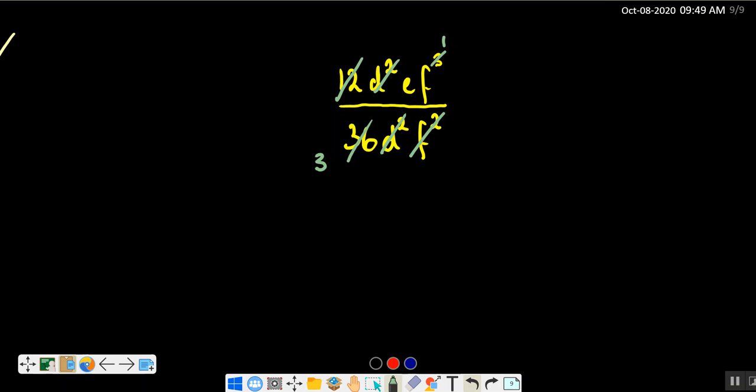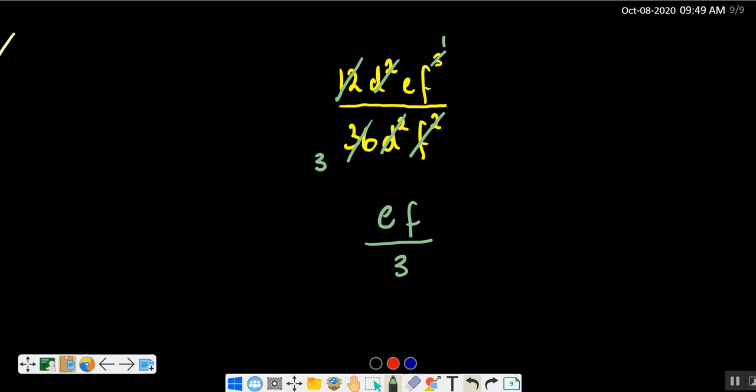All right? So then I look at what I'm left with. I'm left with an E on top, an F to the power of 1, so I don't need to write the 1. And underneath, I've crossed everything out apart from the 3. So much simpler.